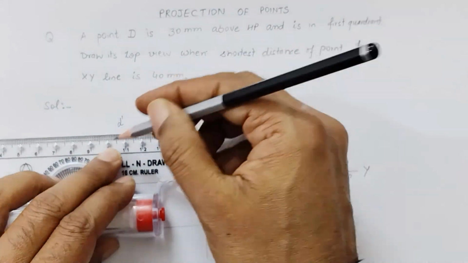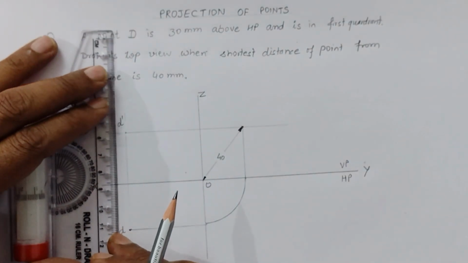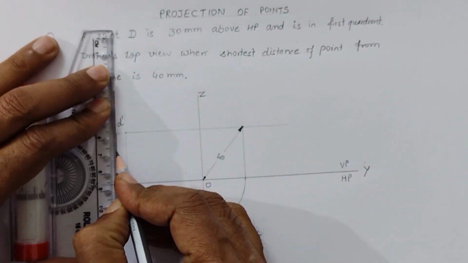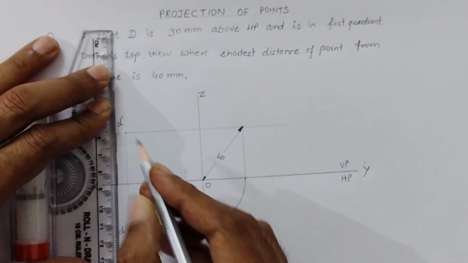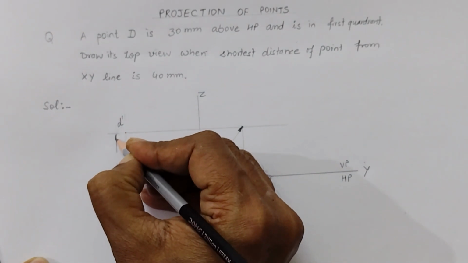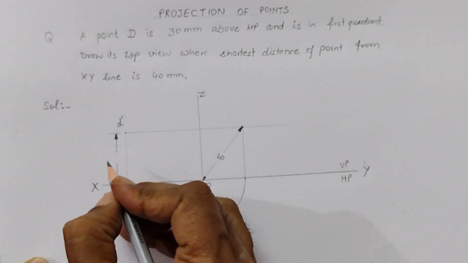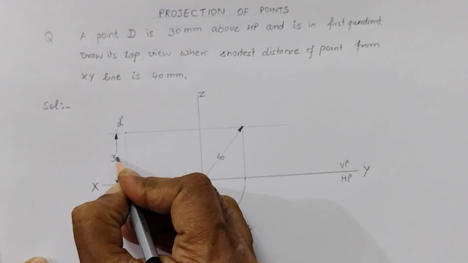So draw the extension line like this, and then the dimension line to mark the distance of this point from the XY line. So this is given as 30 mm.